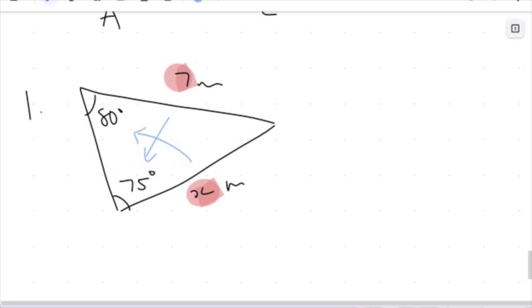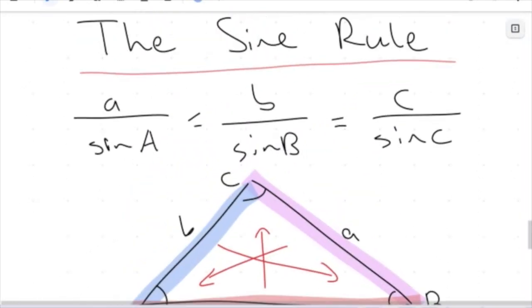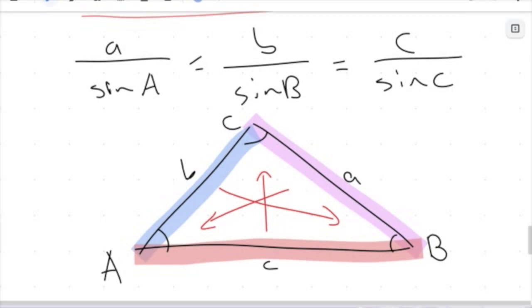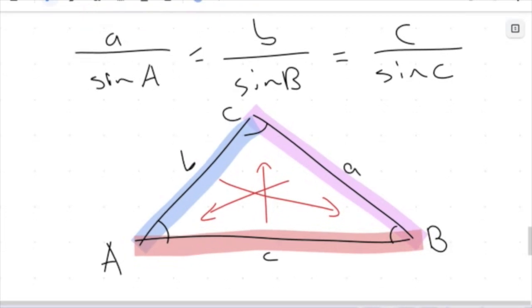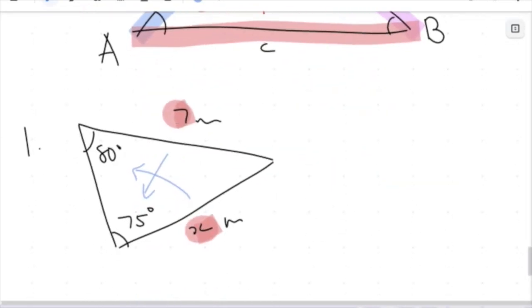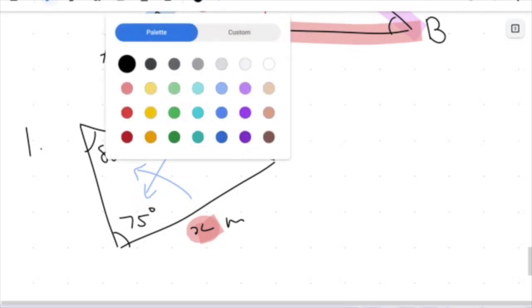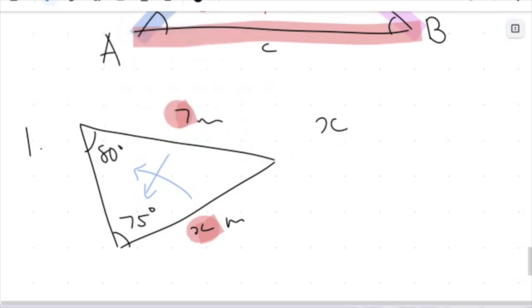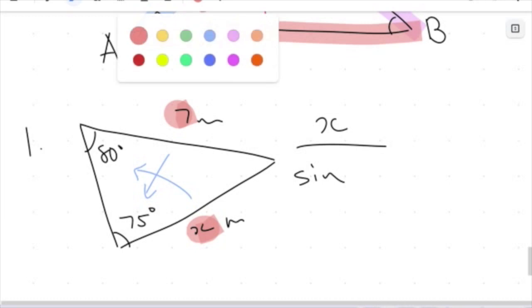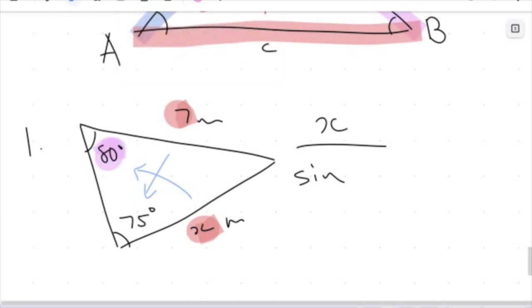So we're going to use these to set up our sine rule, to set up these fractions and this equation in order to find my unknown side x. I can say that x here, my first unknown side, over the sine of the angle opposite it, which is 80.